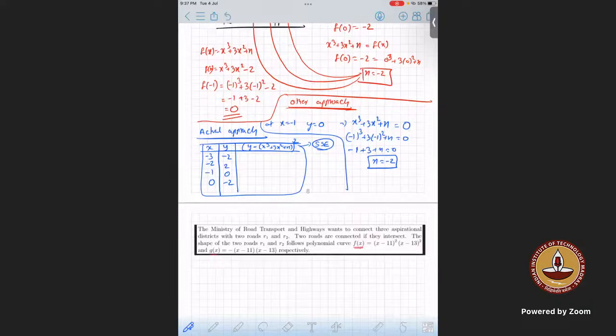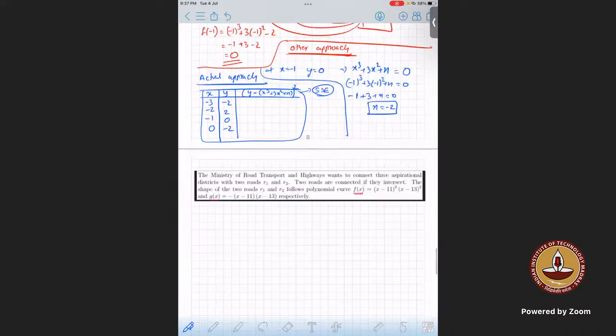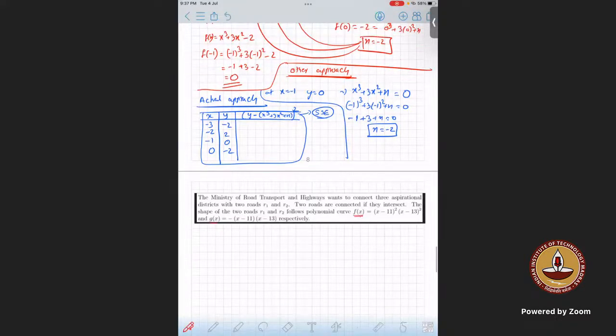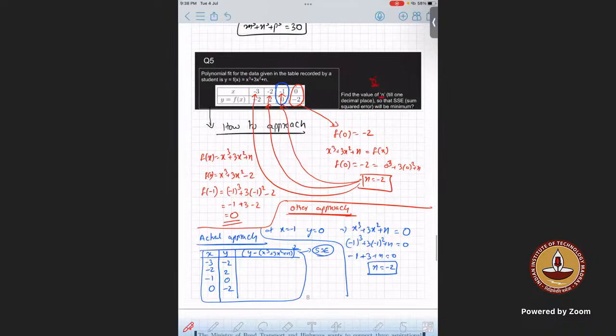What do you need in SSE? Okay, you need to know how you get this formula, y minus x cube. Look carefully.